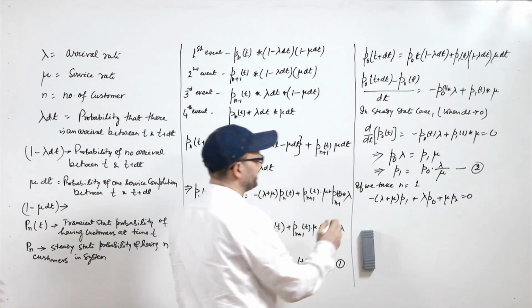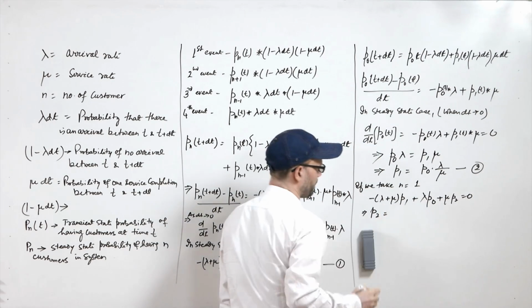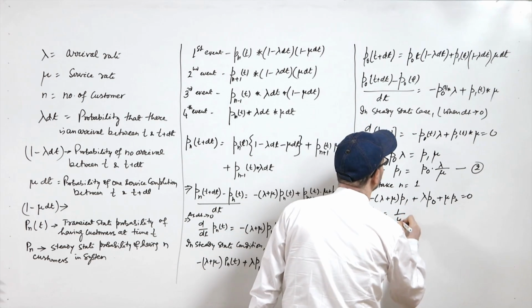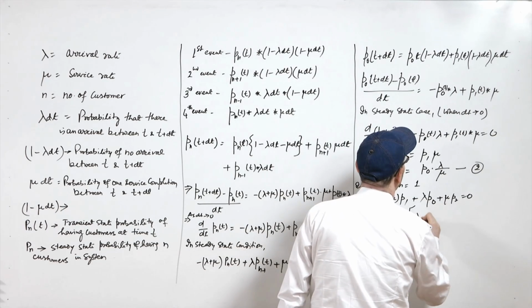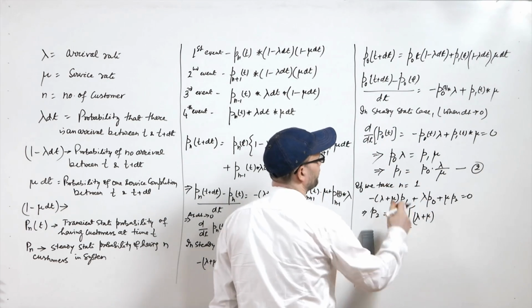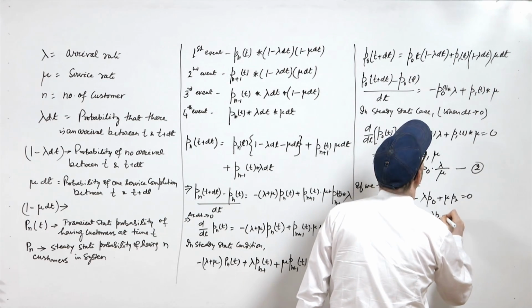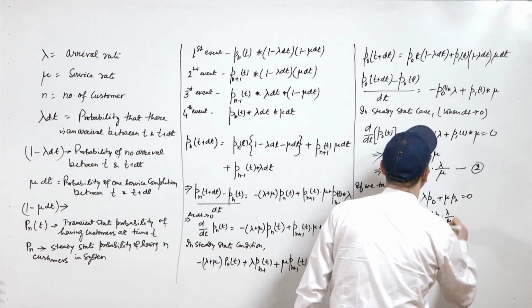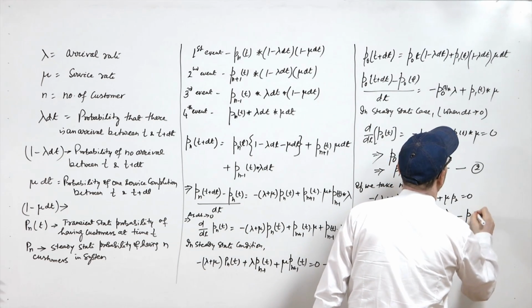So, what we see is P 2 will be 1 by mu times (lambda plus mu) into P 1 minus lambda P 0. P 1 is again P 0 into lambda by mu, and minus lambda P 0.